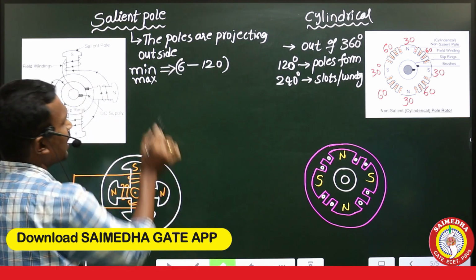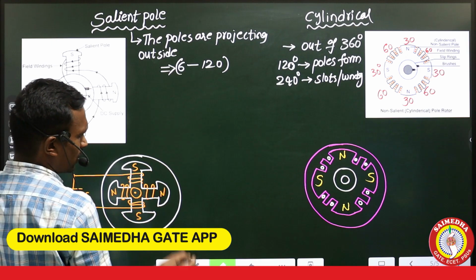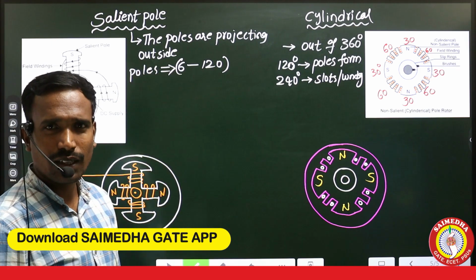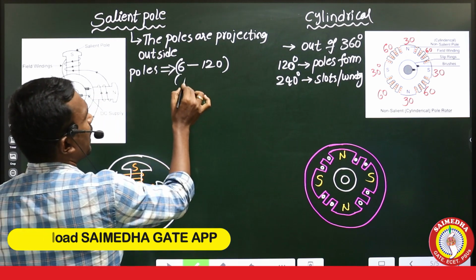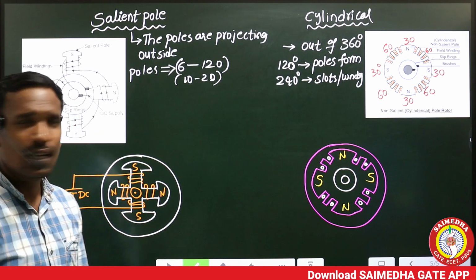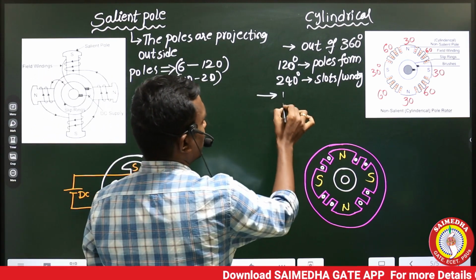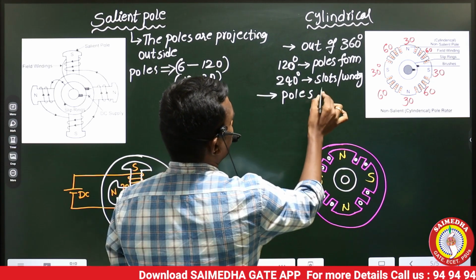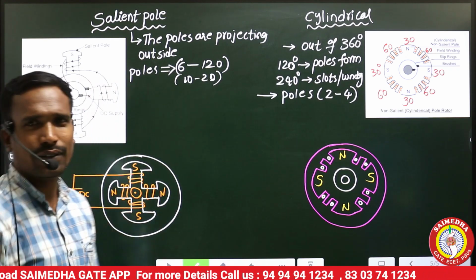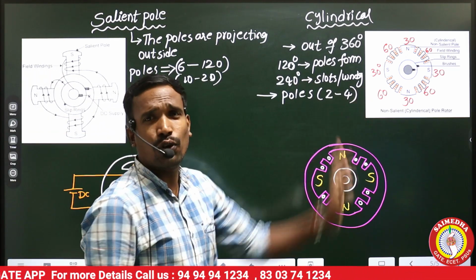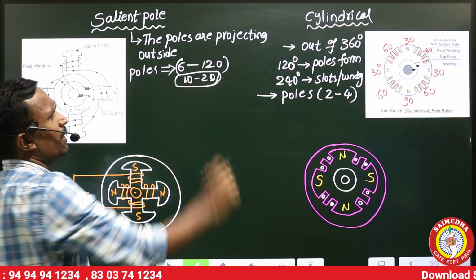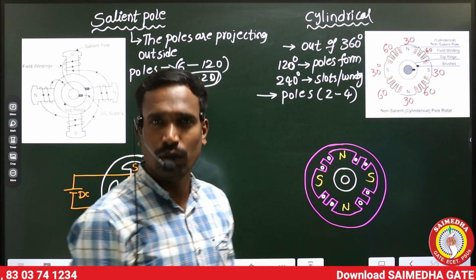Simply, the number of poles used in salient pole type is 6 to 120, but practically we use the range of 10 to 20 poles. But in the cylindrical structure, the minimum number of poles used is 2 and the maximum is 4. We can use either 2 or 4 poles, but here minimum 6, maximum 120, and practically 10 to 20 poles.